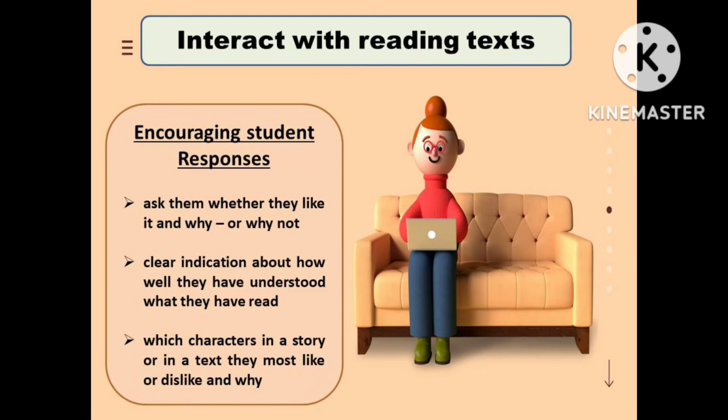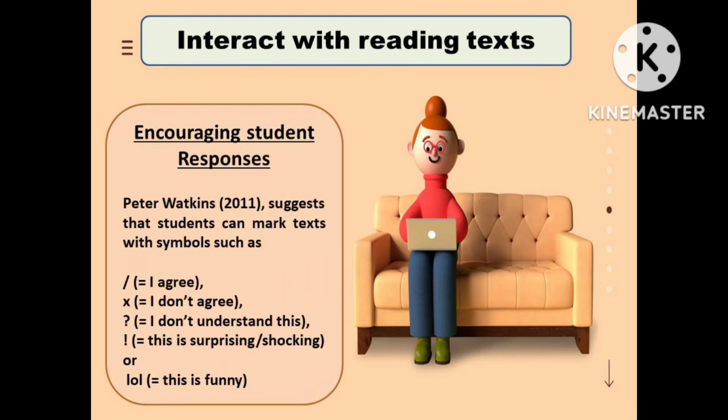We can also ask them which characters in a story or in a text they most like or dislike and why. Peter Watkin, in 2011, suggests that students can mark texts with symbols such as a check, which means I agree, X, which means I don't agree, a question mark, which means I don't understand this, an exclamation point, which means this is surprising or shocking, or LOL, which means this is funny.